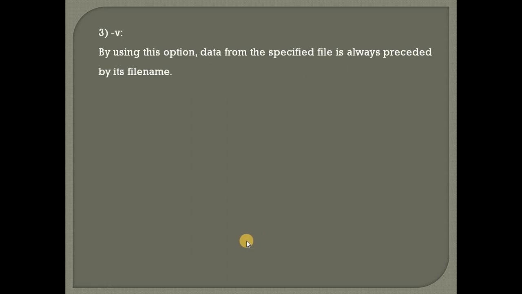Next option is -v. By using this option, data from the specified file is always preceded by its file name. As you have seen in the previous examples, we can see directly the records from a file. If you want to see the records of the file with the file name, we have to use the option -v.